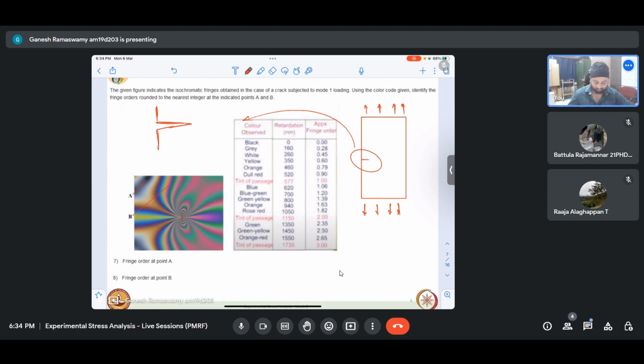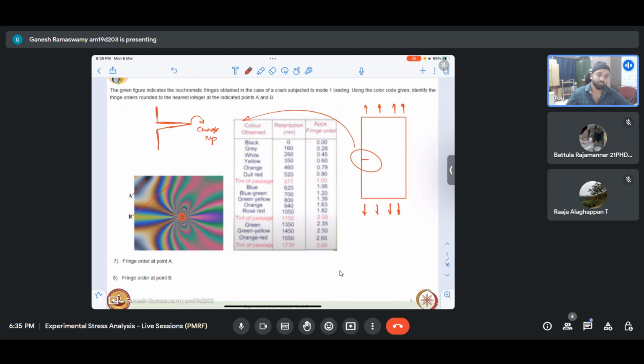I'm able to see that at this point, which is nothing but the crack tip, the stresses are extremely high, which is reflected by the red color, which means it is not captured by this color table, which implies that the fringe order there is much, much higher. Okay, now we are trying to look at 2 points.